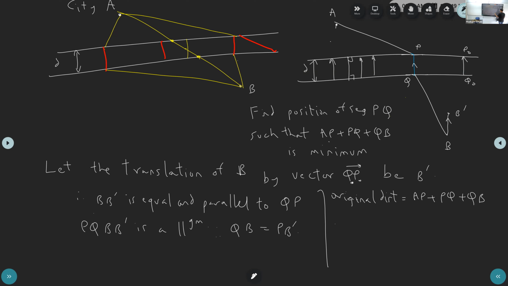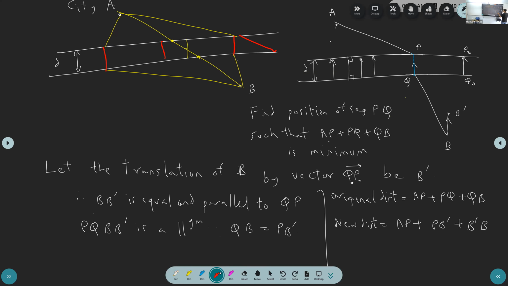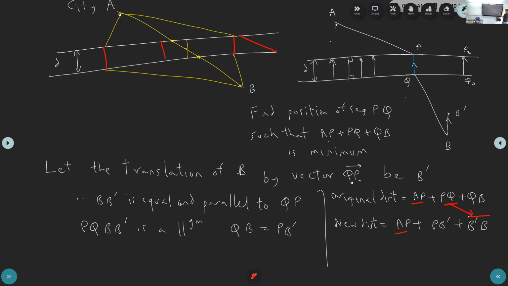And now I'm saying what is the new distance? So now you go from A to P, then from P to B dash, and finally from B dash to B. But do we all agree that these two distances are equal in length? Because all you have done is rearranged actually. So AP is still AP, PQ will be equal to B dash B, and PB dash will be equal to QB.